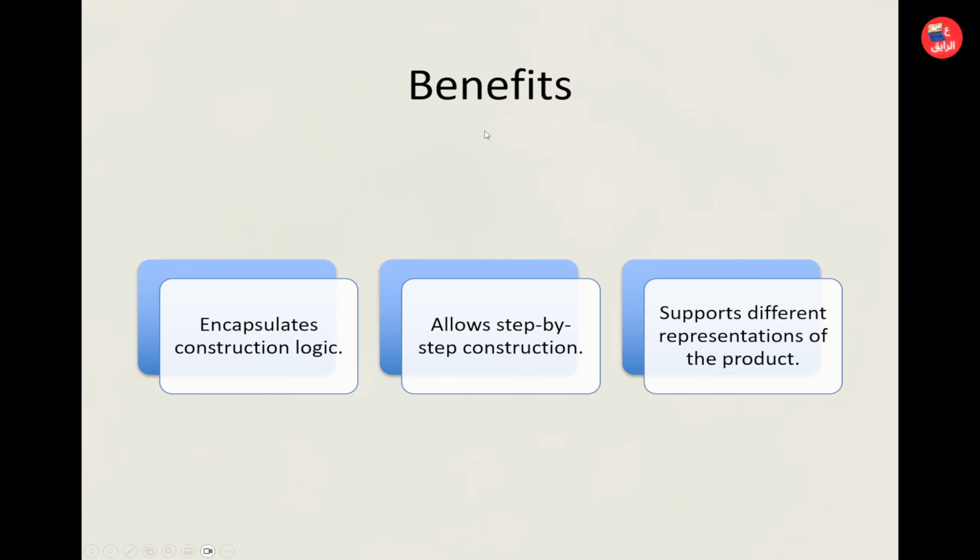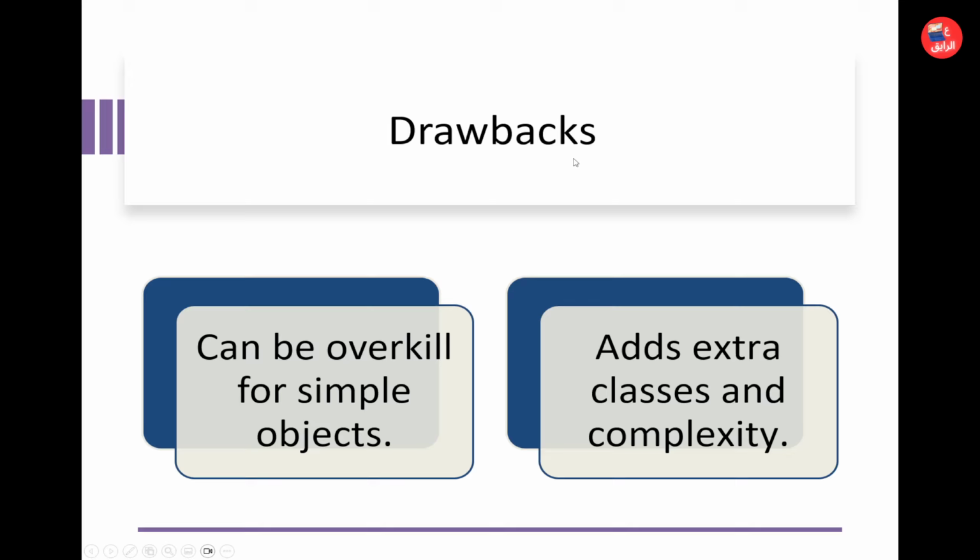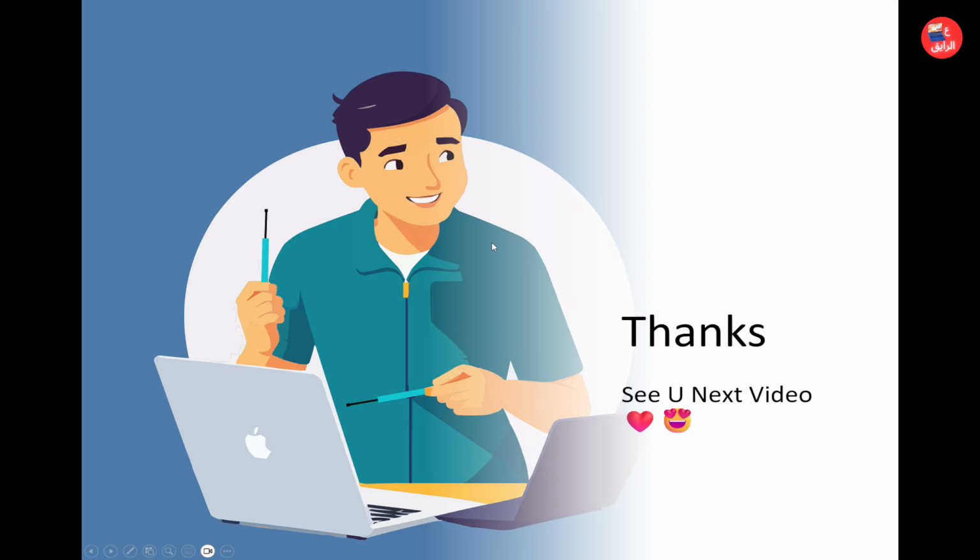The benefits of this design pattern: it encapsulates construction logic, allows step-by-step construction, and supports different representations of the product. The drawbacks: it can be overkill for simple objects, and adds extra classes and complexity.